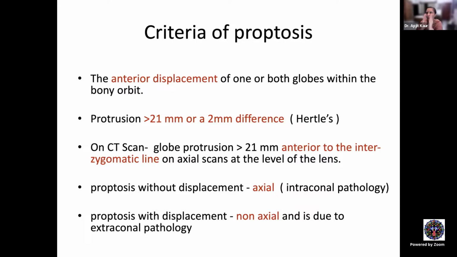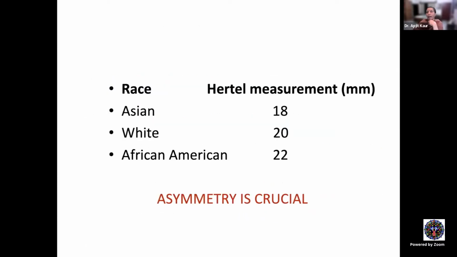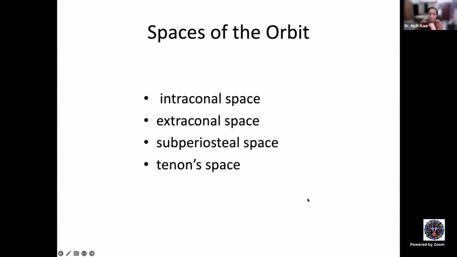When it is shifted forwards and also to the sides or downwards or upwards, that is displacement, and that is a non-axial or abaxial proptosis. Now, these are some demographic values, but what is important to remember is the asymmetry. Values can be anything. If they're the same on both sides, it doesn't matter. If there is asymmetry, it is crucial.